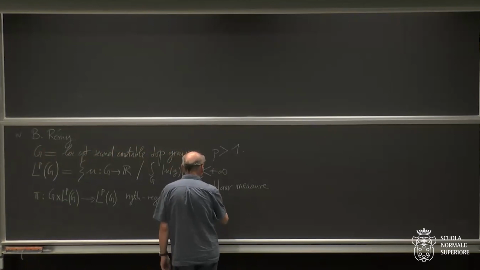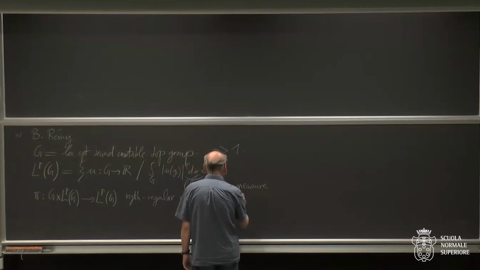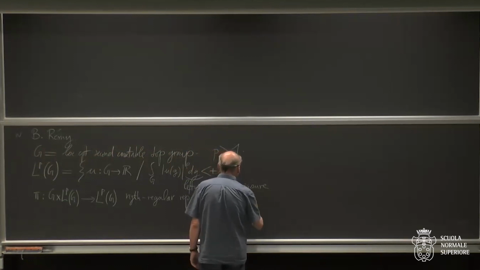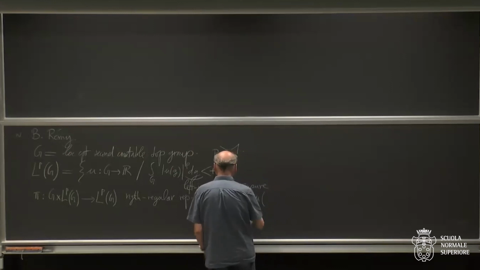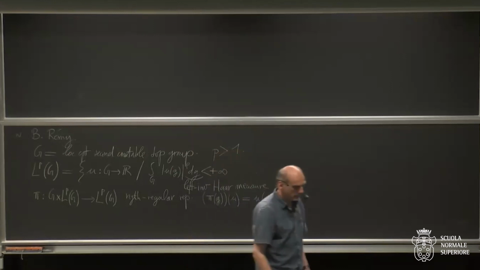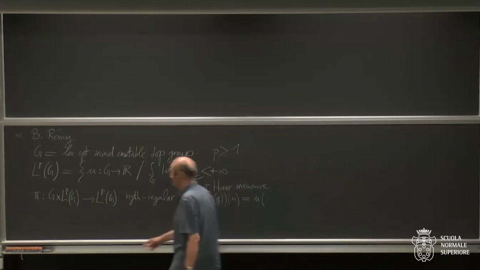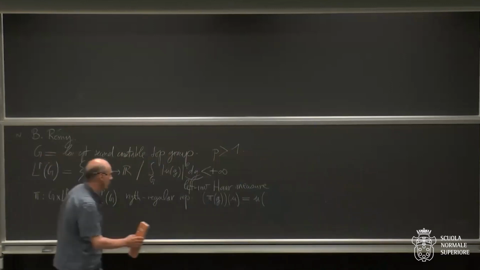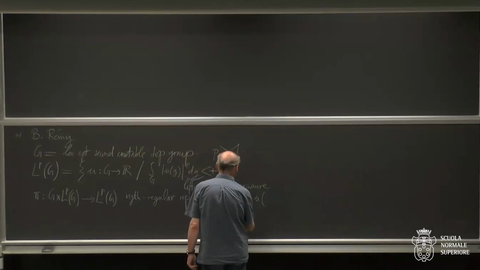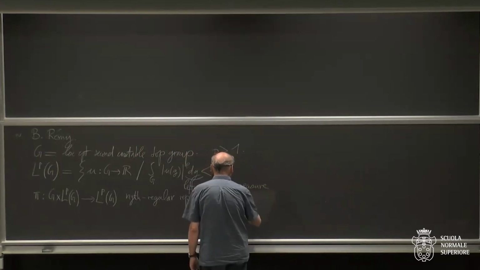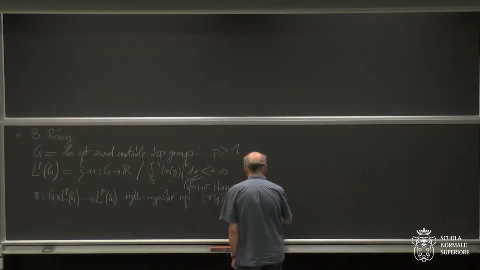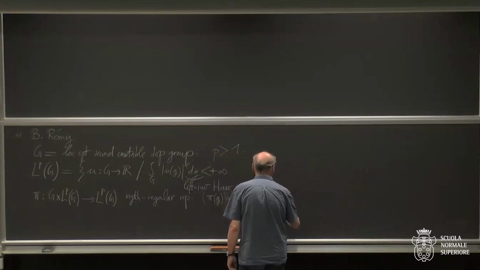That is, pi(g) applied to u, evaluated at the point x, is u(xg).